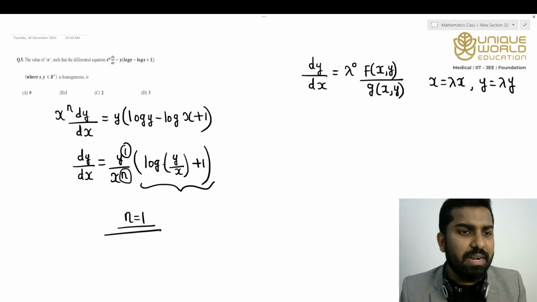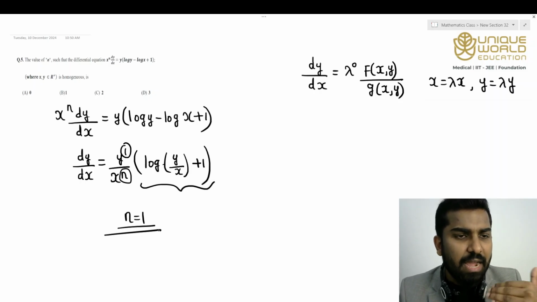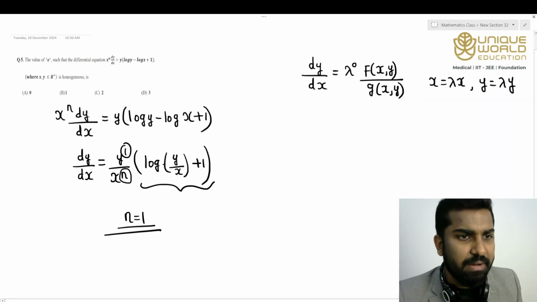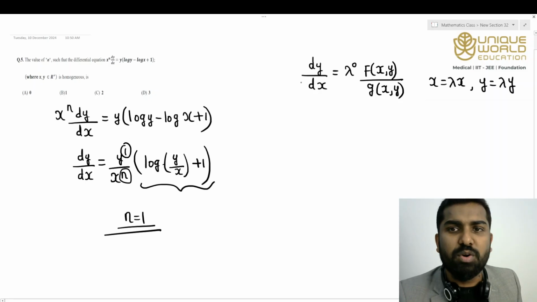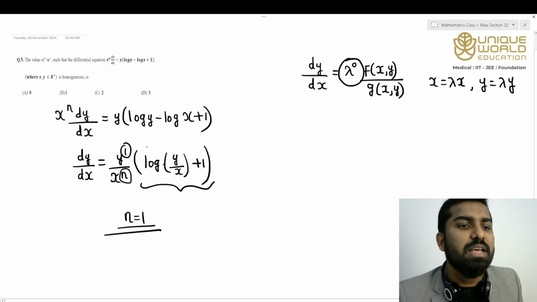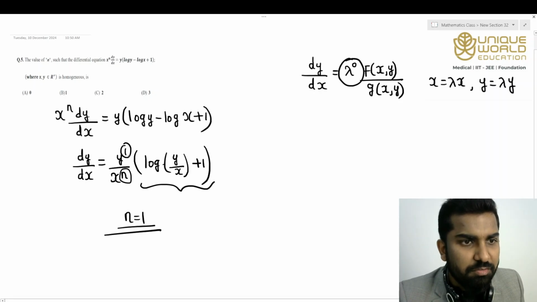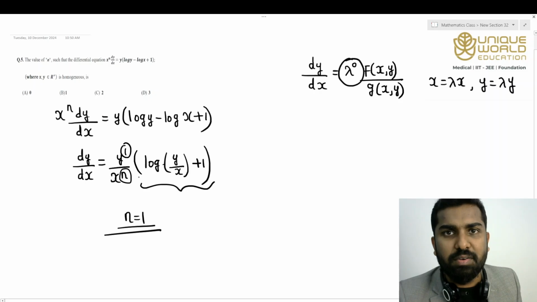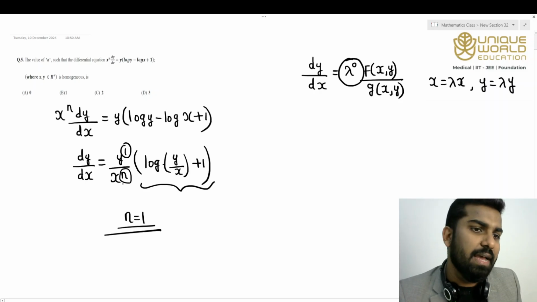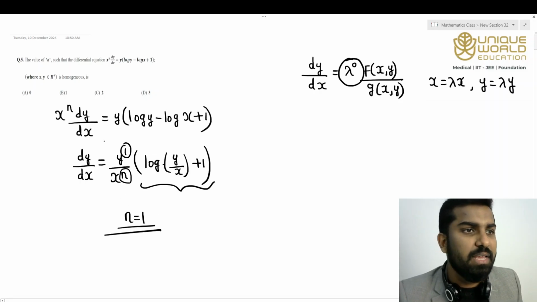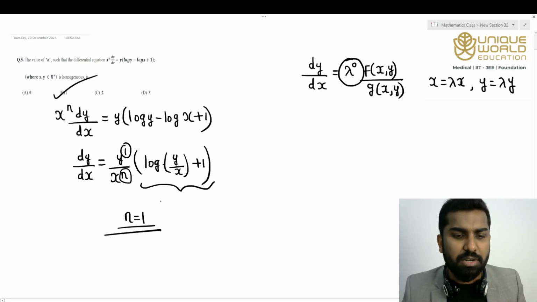Now y power 1 divided by x power n: if it were y to the power 1 divided by x square, then on substituting x equal to lambda x and y equal to lambda y, it won't be in lambda power 0 format. So it is only possible when y to the power 1 is equal to x to the power n. That means n will be equal to 1. It's a very basic understanding question. n will be equal to 1.